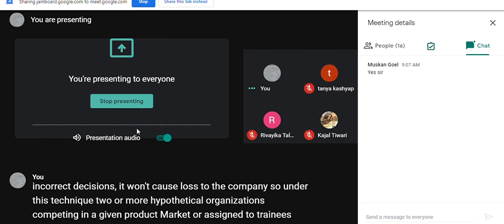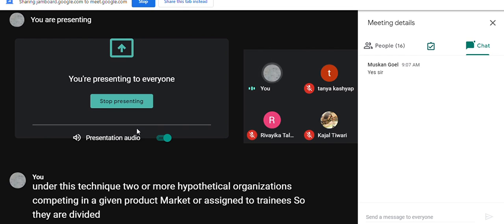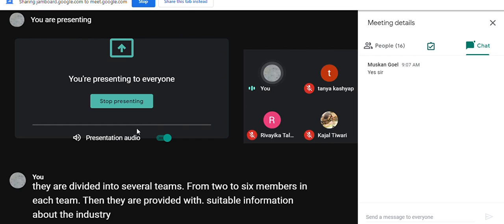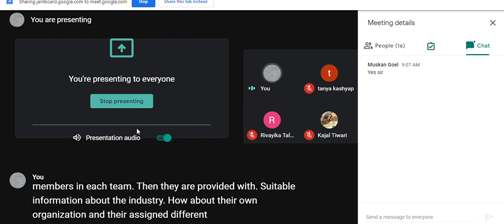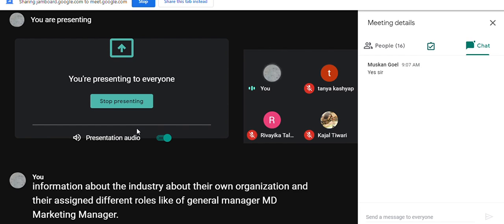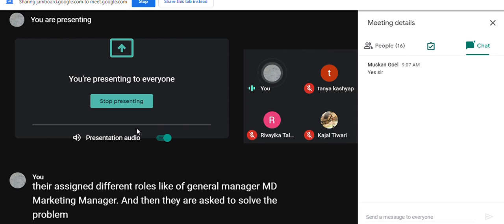They are divided into several teams from 2 to 6 members in each team. Then they are provided with suitable information about the industry and about their own organization, and they are assigned different roles like general manager, MD, marketing manager, and then they are asked to solve the problem and make the decisions.